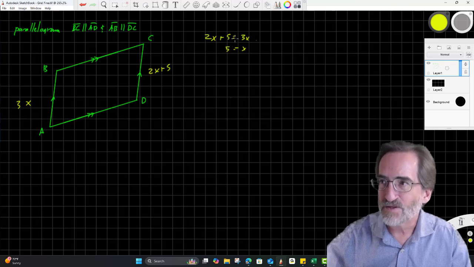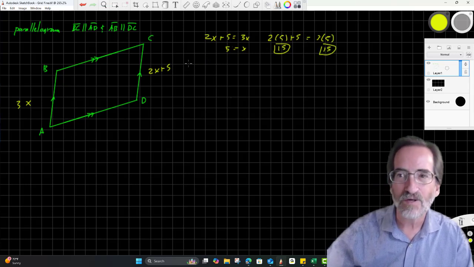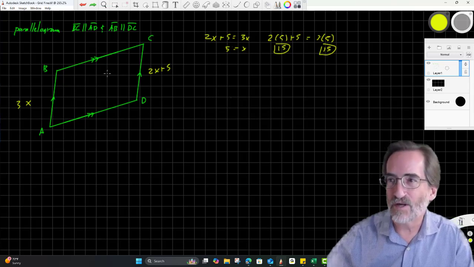And you can substitute back in. 2 times 5 plus 5 is 10 plus 5 is 15. 3 times 5 is 15, so both sides are 15. So you can set up and solve equations like that.